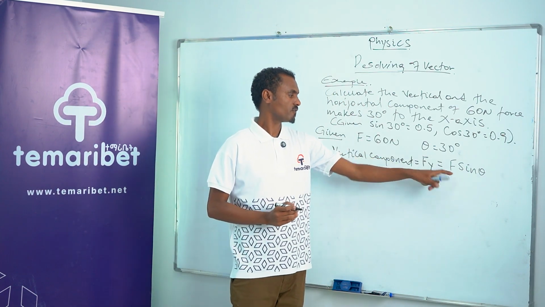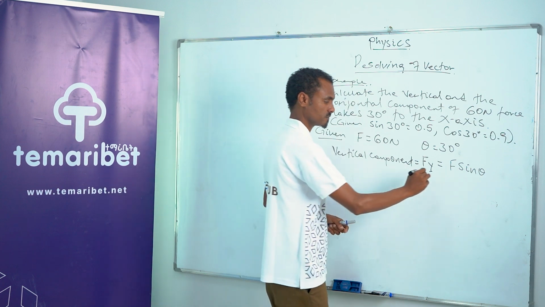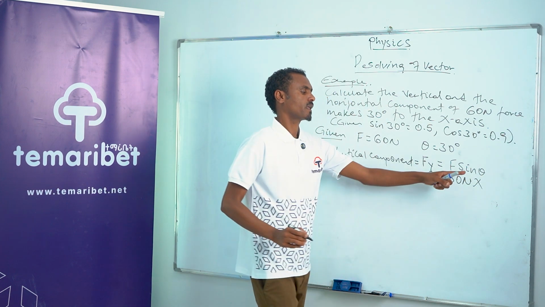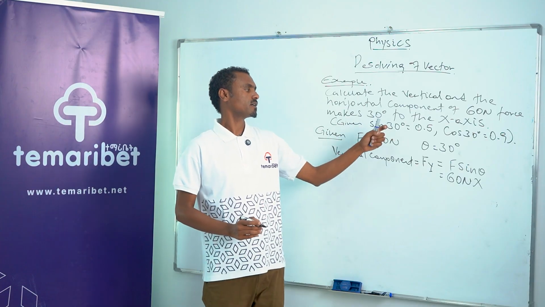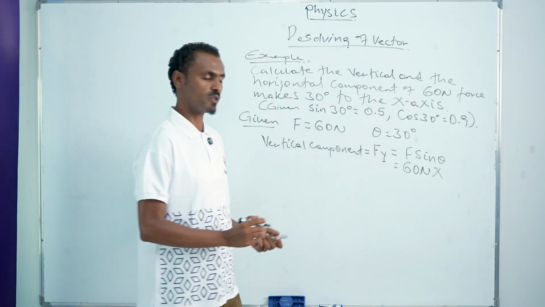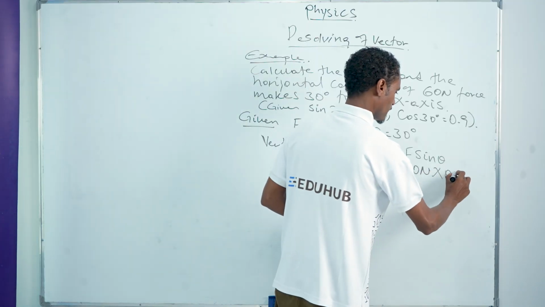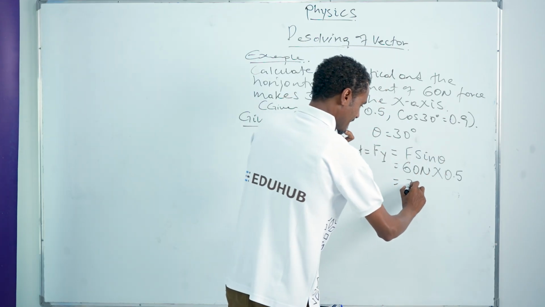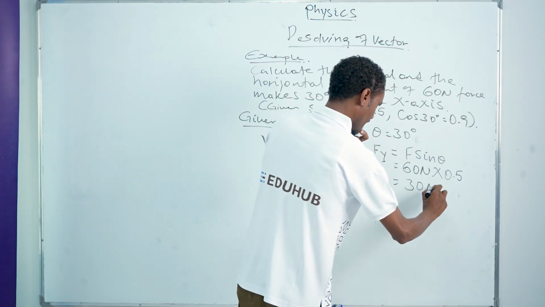We have a force that is 60 Newton times sine 30, which is 0.5, which is equal to 30 Newton.